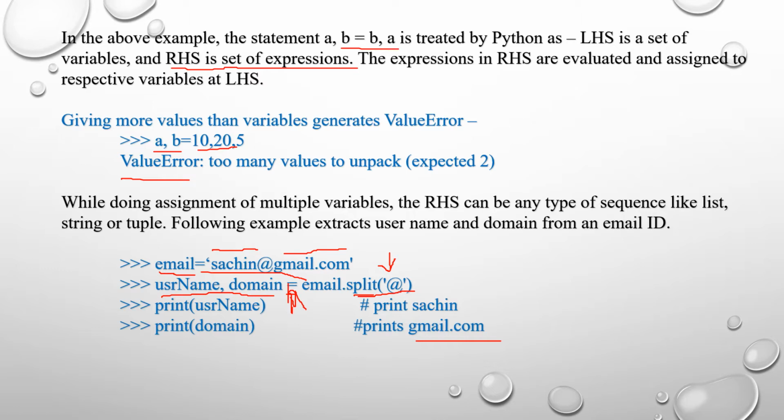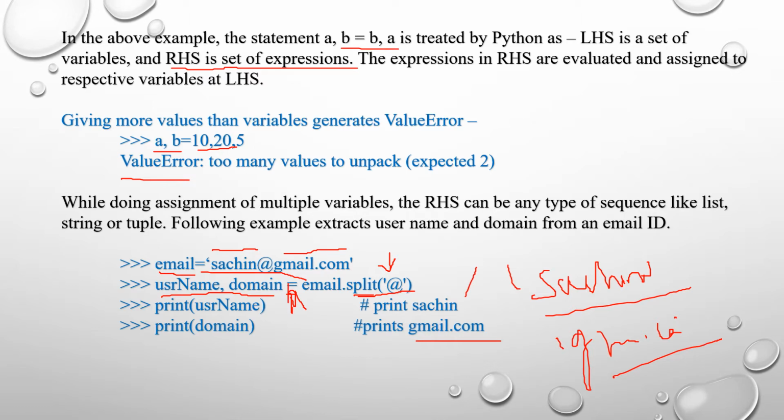The main function of split is that it converts sachin@gmail.com into sachin and gmail.com. The first value is stored into username, and gmail.com, the second value, is stored into domain. If you print username, the interpreter will print sachin. If you print domain, the interpreter will print gmail.com. This is the use case of the split function.